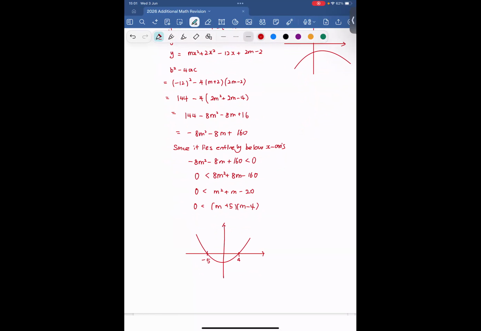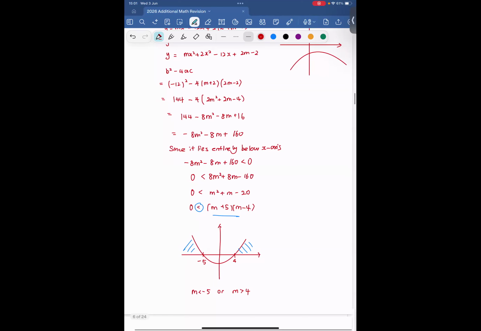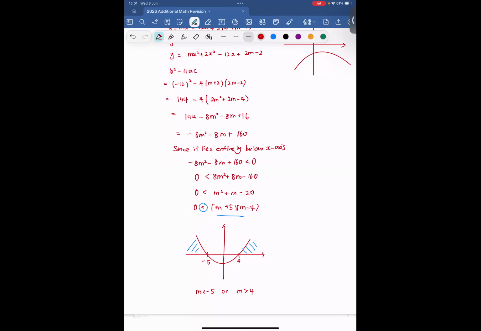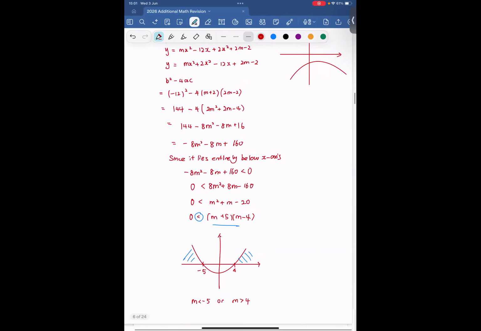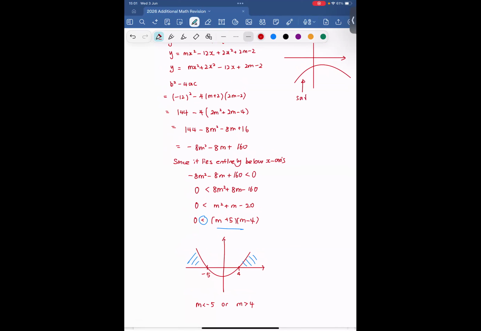Okay, so now you see you want this thing to be more than 0, meaning you want the positive region. So your m, is that the end of the question? That is not the end of the question. Why? You must remember that we need it to be a sad face graph. Sad face means the coefficient of x squared must be less than 0.